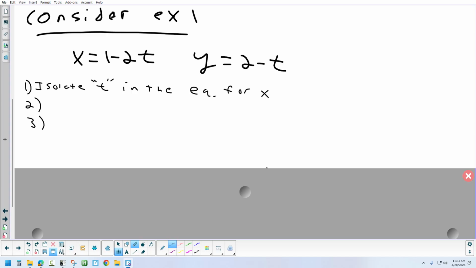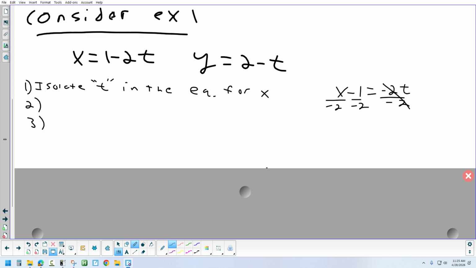I'm going to first subtract the 1. And after I subtract the 1, what else would I need to do to finish getting t by itself? Yep. Divide by -2. I'm going to divide everything by -2. So that's gone.